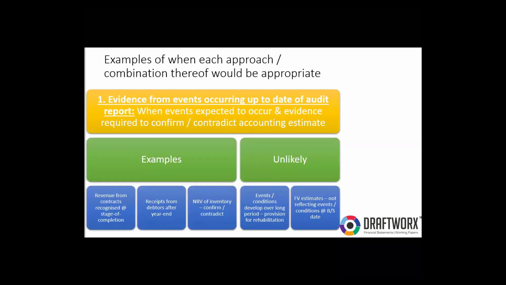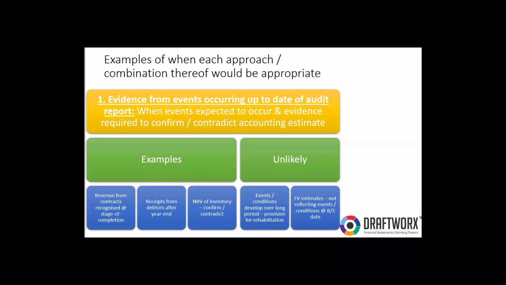Now, let's just look at a couple of examples on each of these testing approaches to give you an indication when each of these approaches or combination with some of the others would be appropriate. All right, so looking at approach 1, evidence from events occurring up to the date of the audit report would be most appropriate when events are expected to occur.